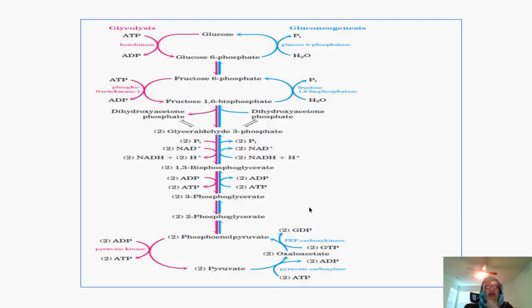So what are the regulatory molecules? Which molecules are we looking at when we talk about regulation? Because we cannot do gluconeogenesis every single second of our lives, okay?